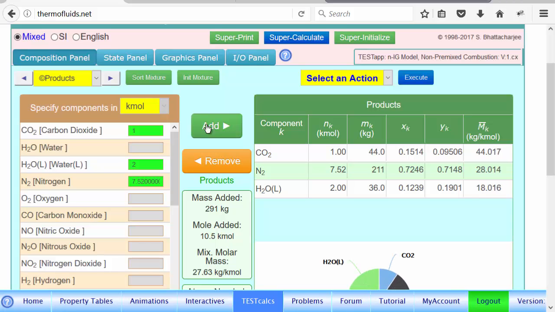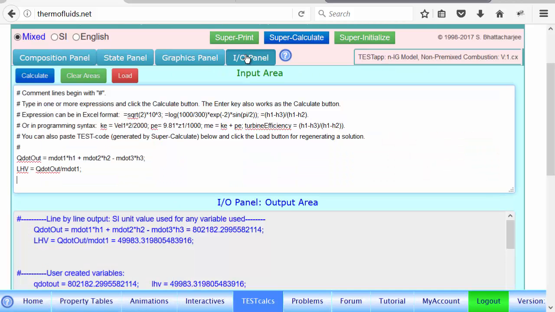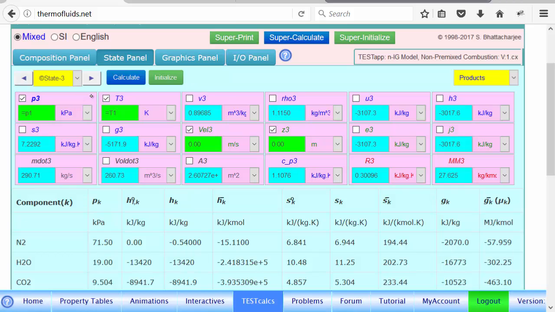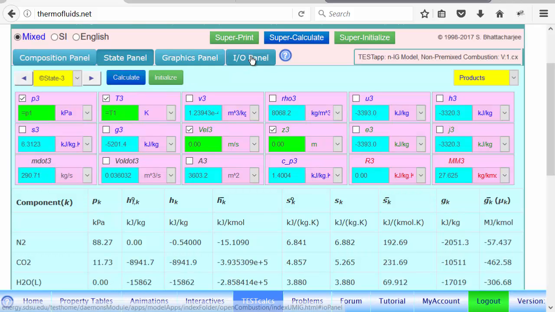As a result, we can extract more heat from the system. Because we changed the products mixture, we have to recalculate the product states. If I hit the calculate button, we'll notice that the enthalpy will change. It will become more negative.